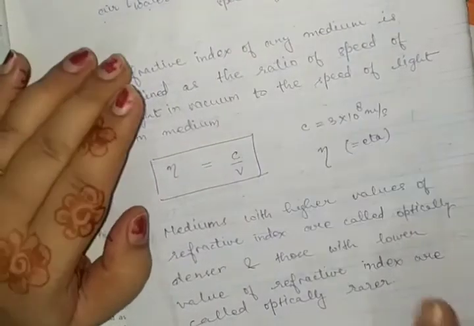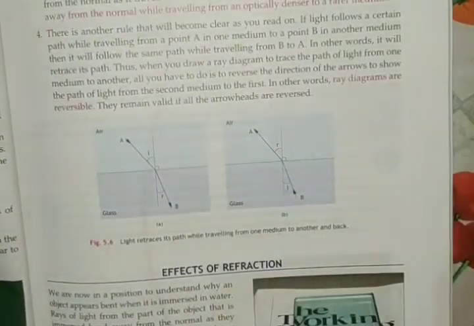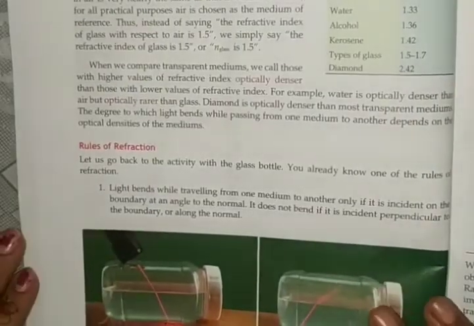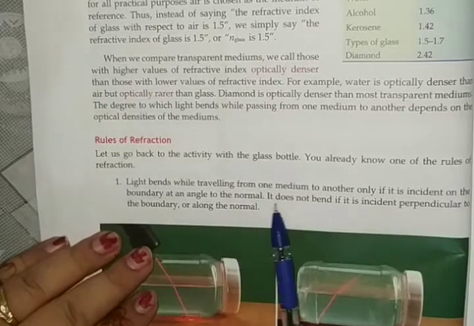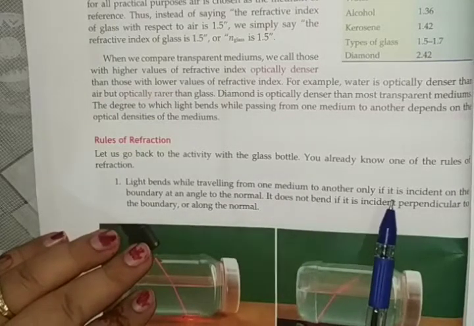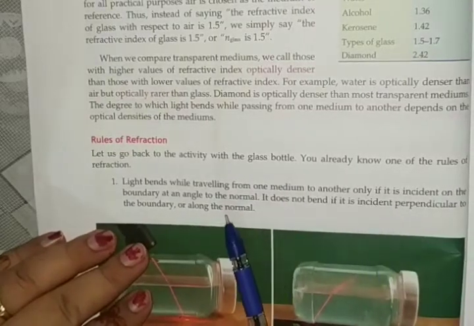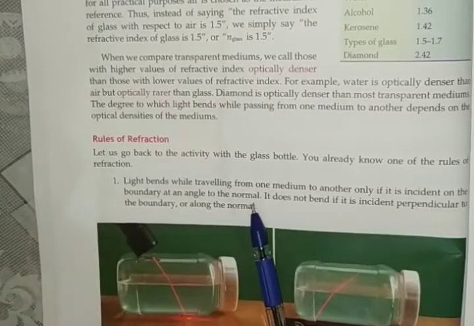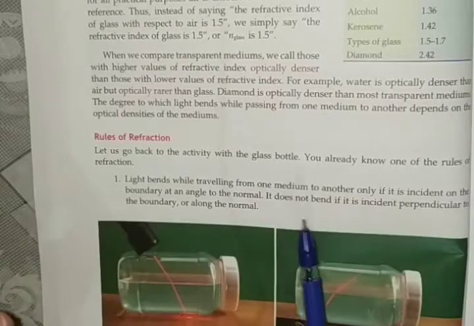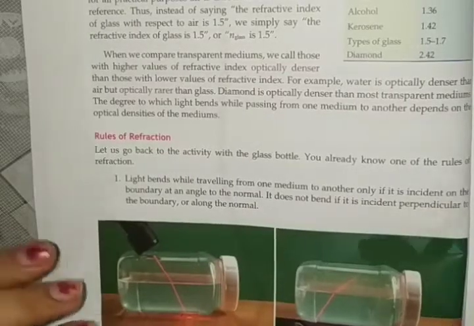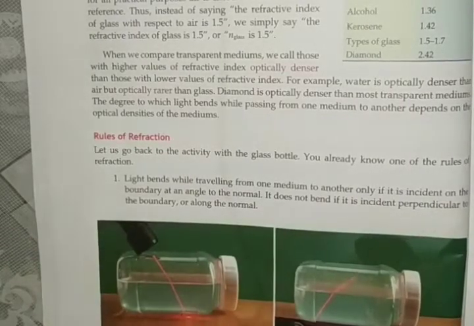Now there are certain rules of refraction. We'll just go through these rules. See the first one: the light bends while traveling from one medium to another only if it is incident on the boundary at an angle to the normal.